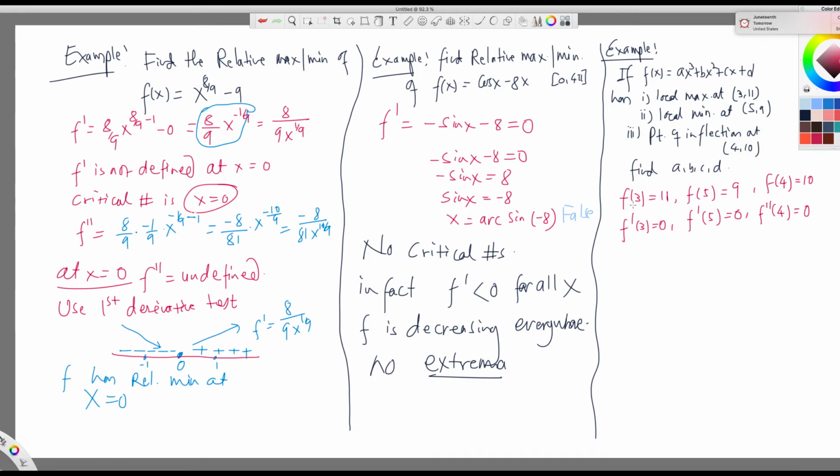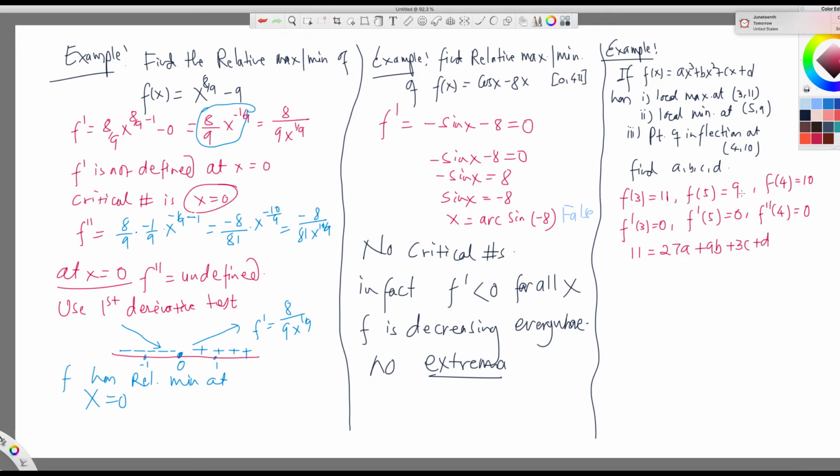Now let us plug in that f of 3 equals to 11 implies what? Plug in x equals to 3 and f of x equals to 11. You will get 11 equals to 27a plus 9b plus 3c plus d. That's what you get.